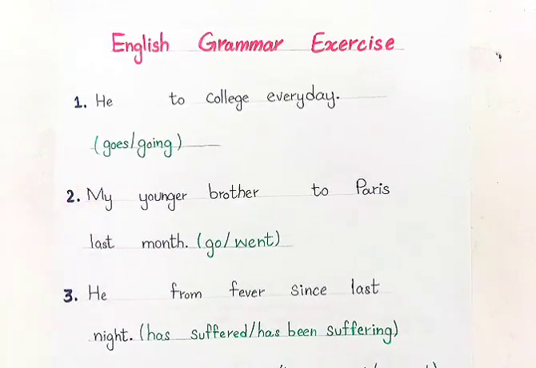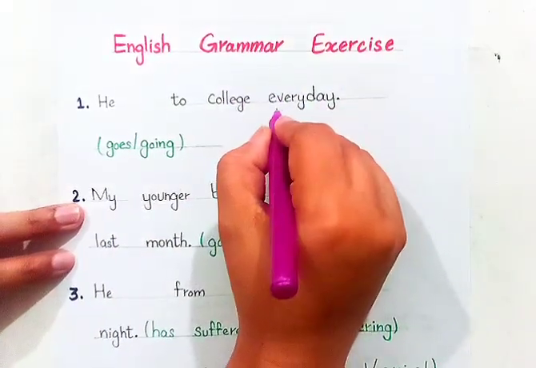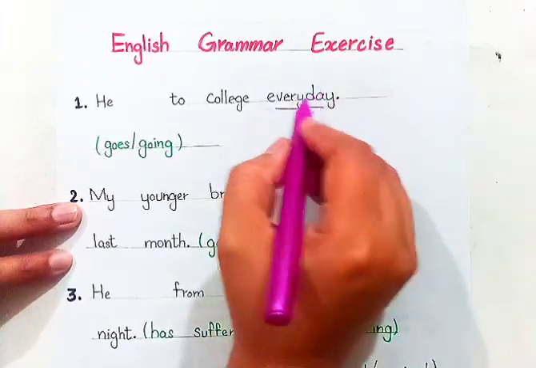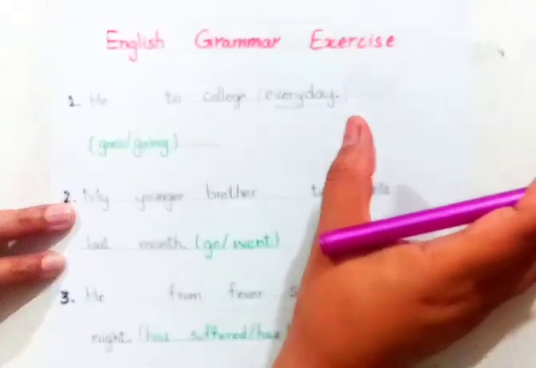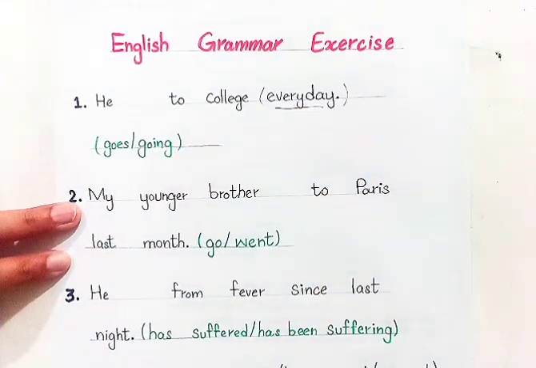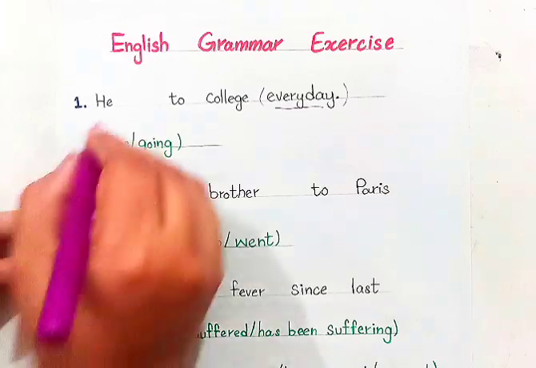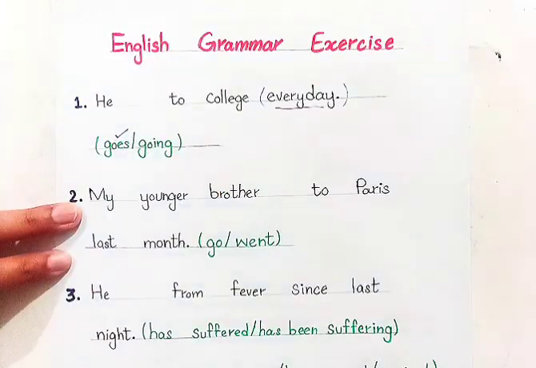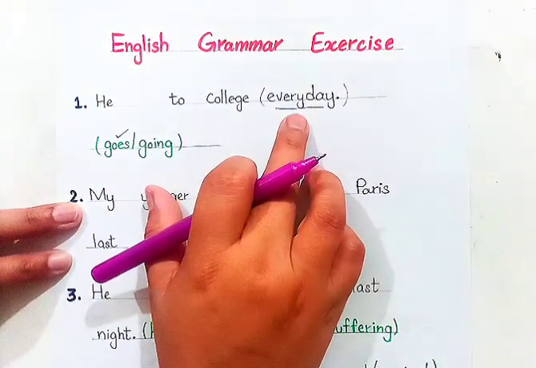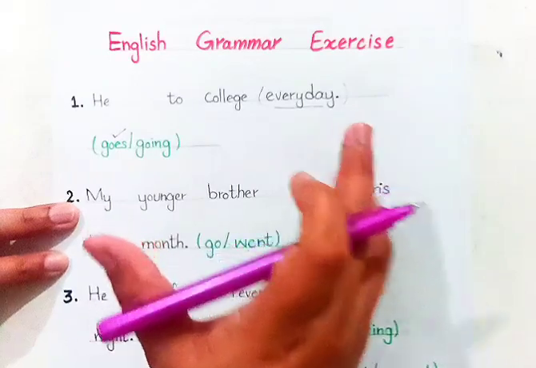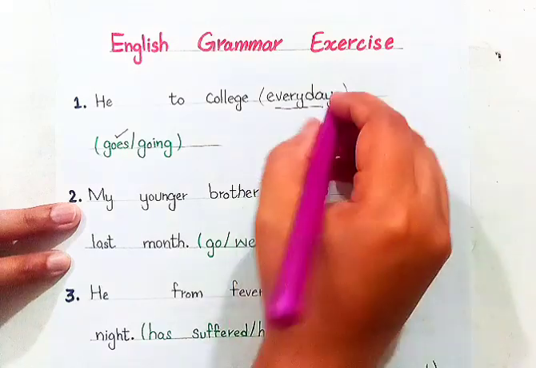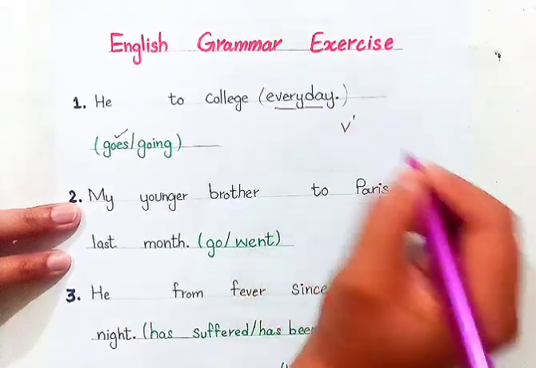First of all, whenever we have the word every day or daily in any sentence, it means something that is habitual or that is our routine. For those sentences, in which we have the word every day or daily, or that is our routine work, we always use the first form of verb.